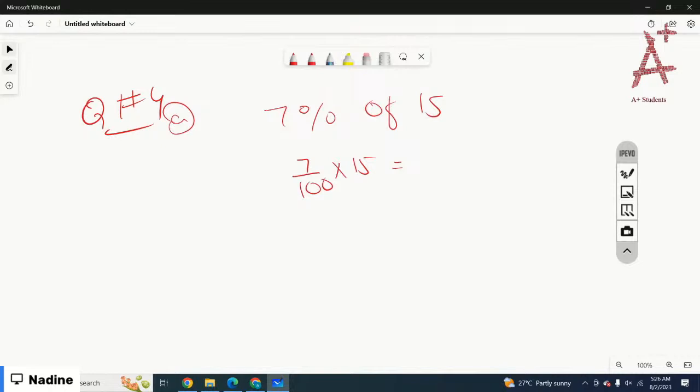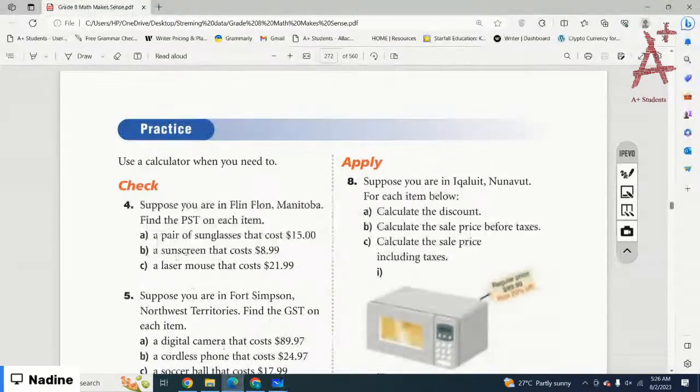That is 15 times 7 is 105, divided by 100 is 1.05. That means on $15 you have to pay 1.05 PST, right? The correct answer is 1.05. Got it? You have to calculate a 7% PST on B and C also, right?